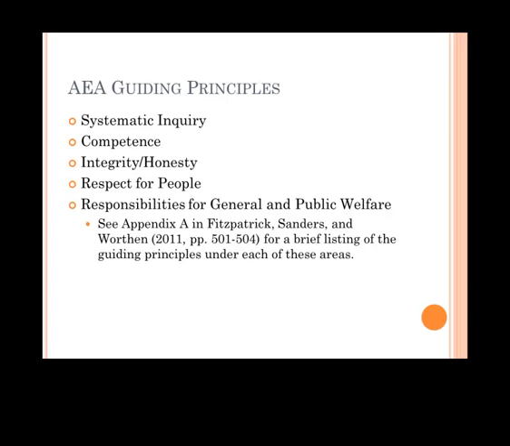Part D is respect for people, and the fifth principle is responsibilities for general and public welfare. You'll be receiving an inbox task that will help you address some of these guiding principles during our class, and it'll be interesting to see how you respond to them.